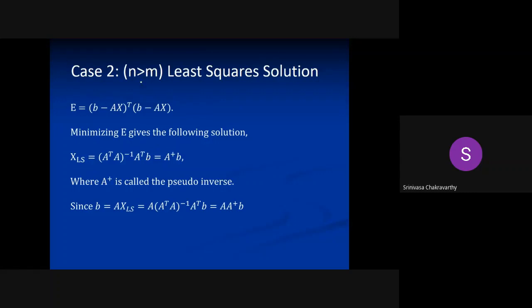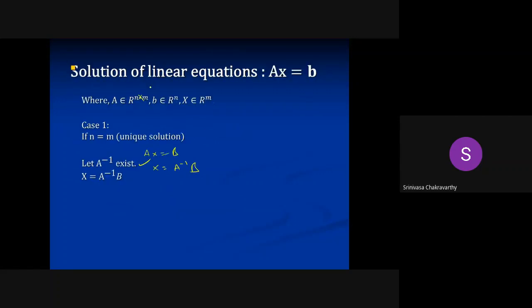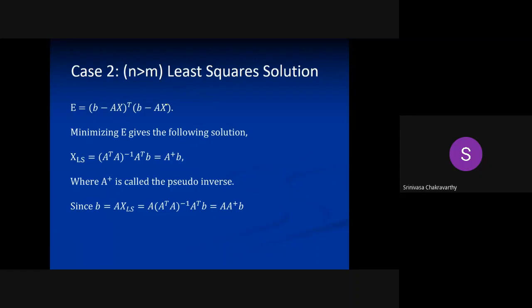Let's take a situation where n is greater than m. That is, you have fewer unknowns and more equations, more constraints. An example of this kind of situation is trying to fit a straight line through too many points. How do you fit a straight line through a set of 5 points? If I have only 2 points, then you have 2 equations.